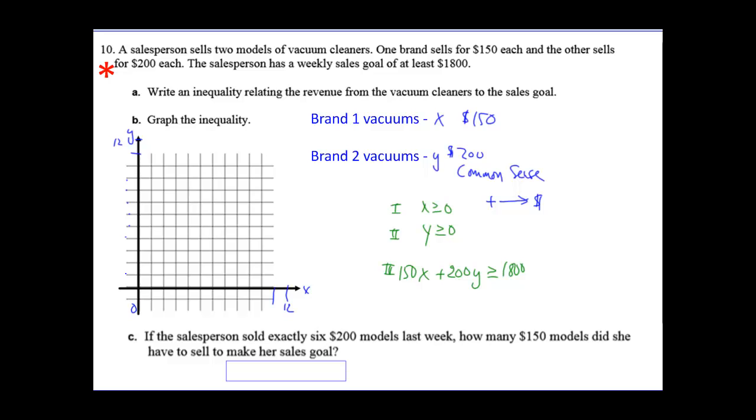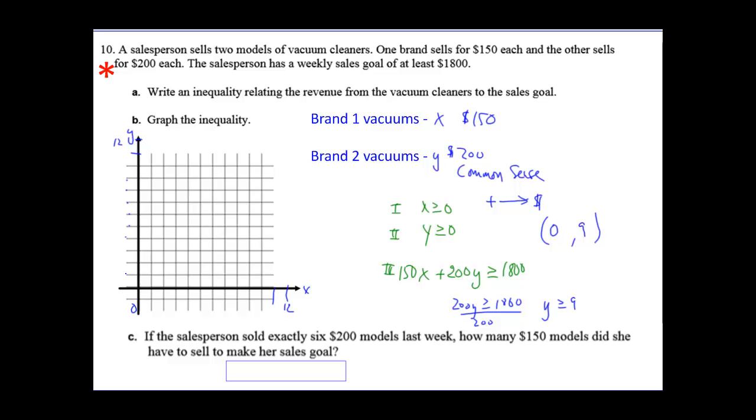If we take hopefully the x and y intercepts, if we let x equal 0, and we take 200y greater than or equal to 1800, divide by 200, and you get y greater than or equal to 9, or the point (0, 9).